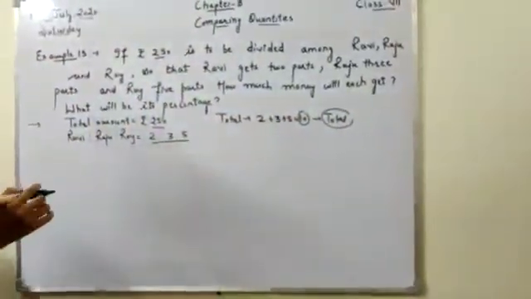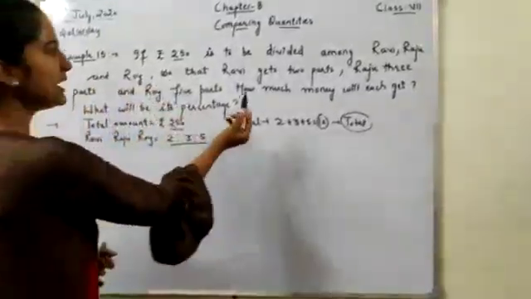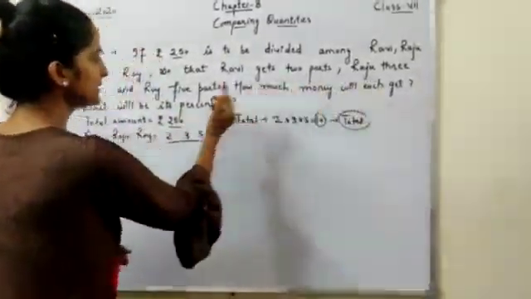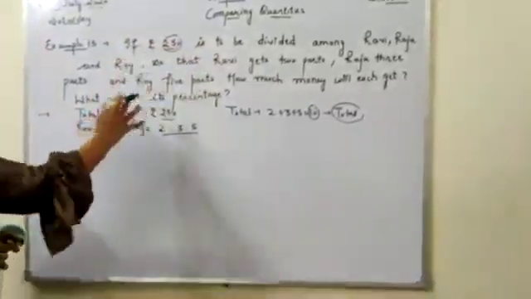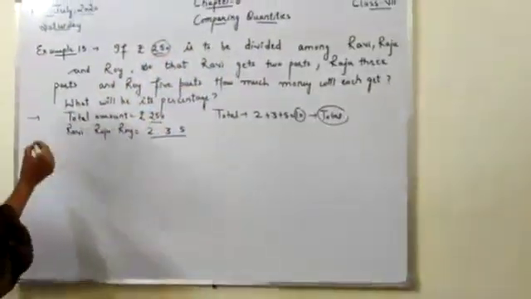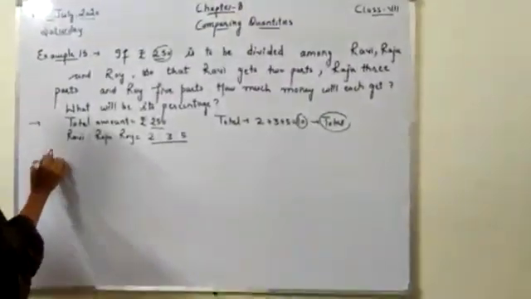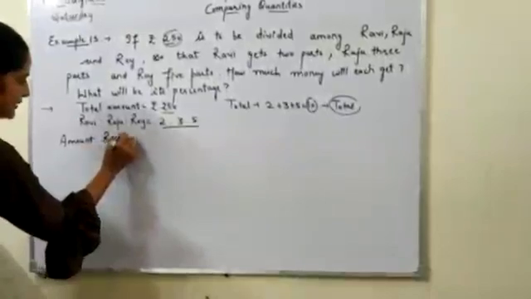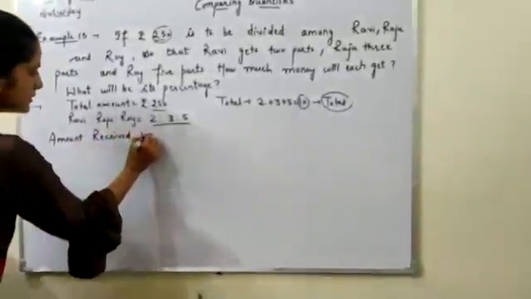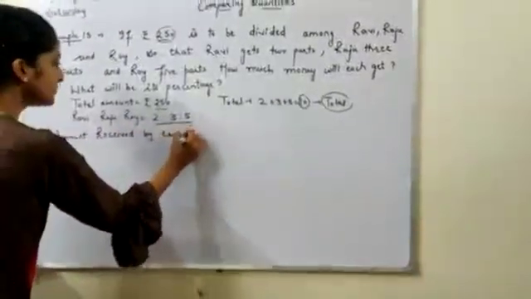Now what we have to find? First of all, we have to find how much money will each get. 250 was the total amount. Now we have to find how much amount each boy gets. So let's start. Amount received by each boy.